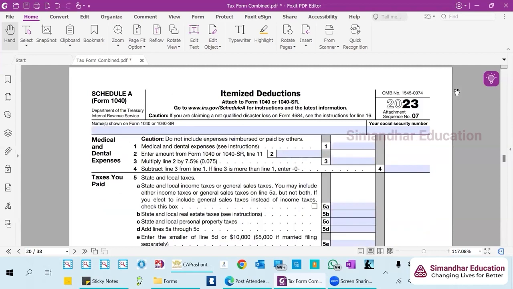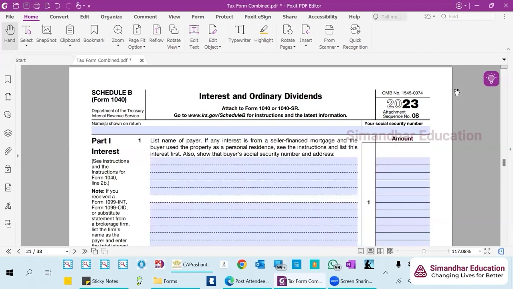Schedule A, itemized deductions. Schedule B, interest and ordinary dividends.